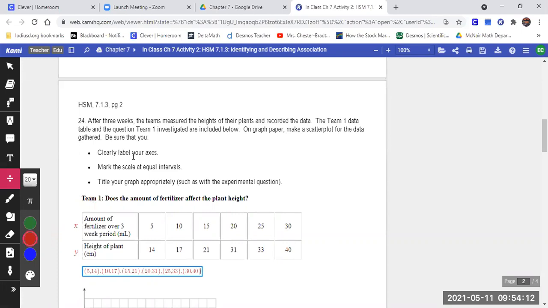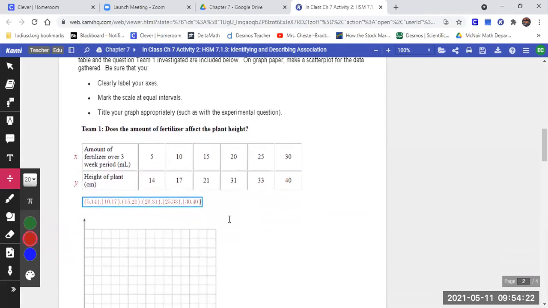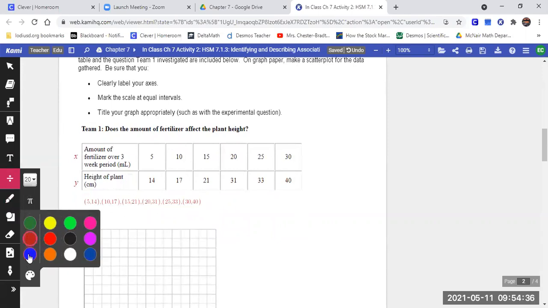Now it says to clearly label your axes, mark your equal intervals, title your graph appropriately, such as the experiment's question. So we have our coordinates that we're going to be graphing. This is what they mean. We have to use this title as the title for our graph. Okay.